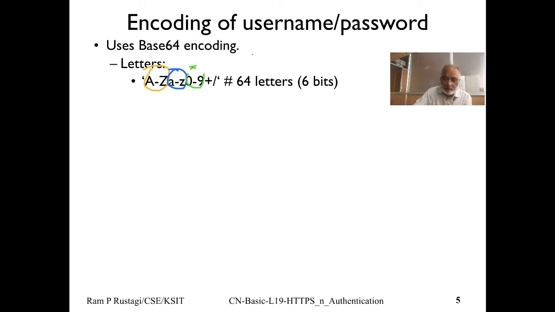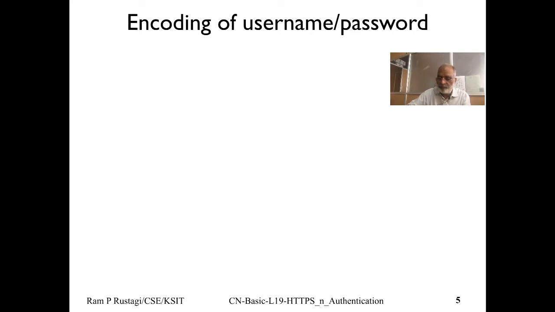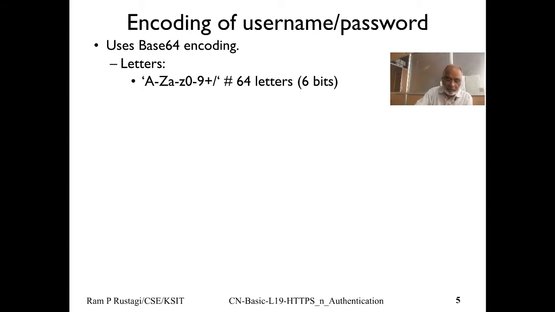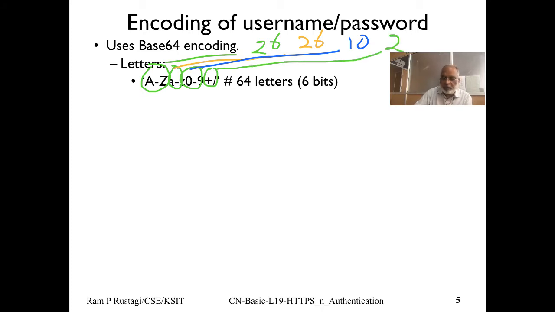And then 2 characters, plus and slash. Together this becomes 26 plus 26, 52, plus 10, 62, plus 2 is equal to 64. That's why these 64 characters are used in base64 encoding.